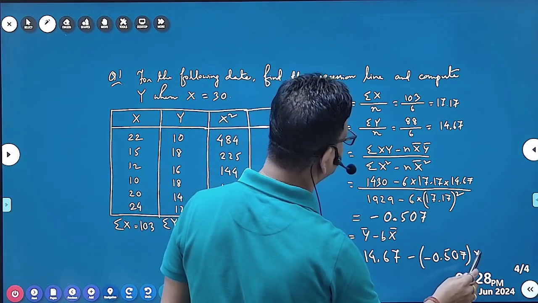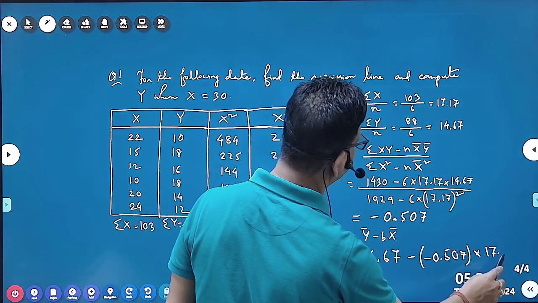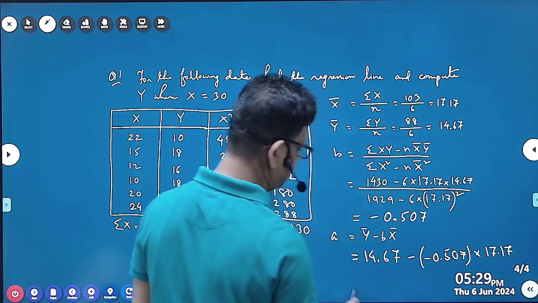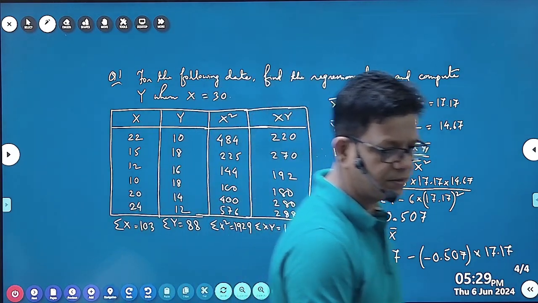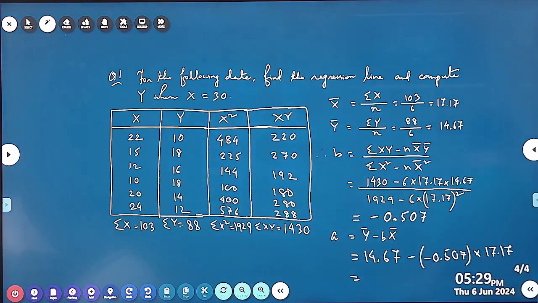Set a final answer for a. Is it positive or negative? Should be positive this time.